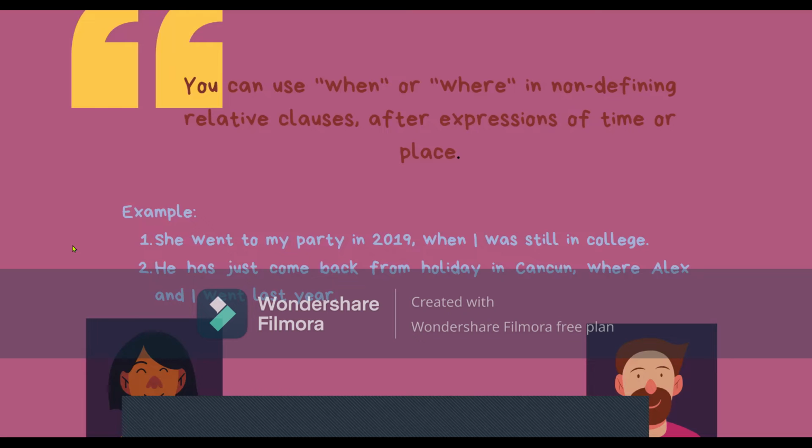So as you can see here, it used where, and this relative clause is to specify the place where the main clause took place. So you need to use it after a comma. It is very important, so you don't lose the meaning and you focus on specifying the more information that you want to give.